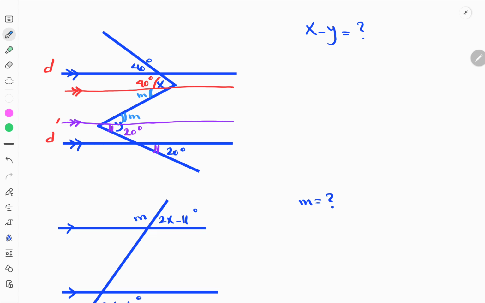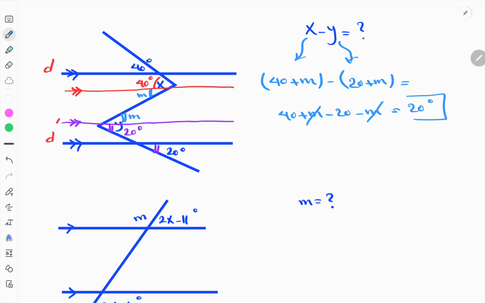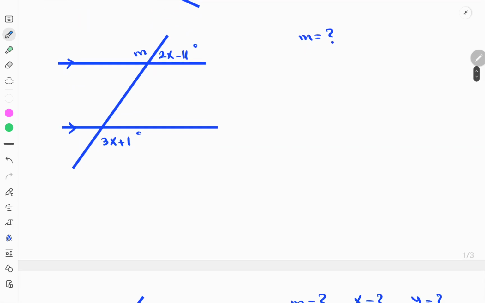Okay, so we don't need to find the value of x directly, but we know that x is 40 degrees plus m and y is 20 degrees plus m, and you should subtract y from x. If you simplify, we will have 40 minus 20, which is 20 degrees for x minus y. Okay, now let's go to the third question.